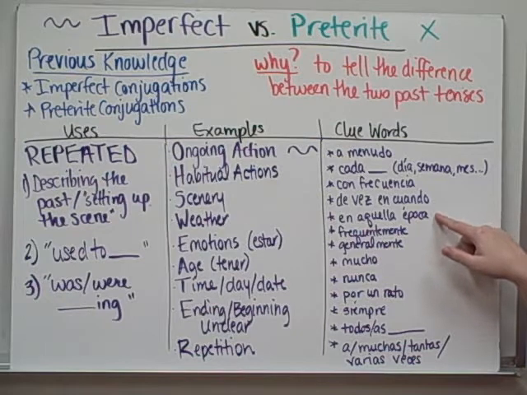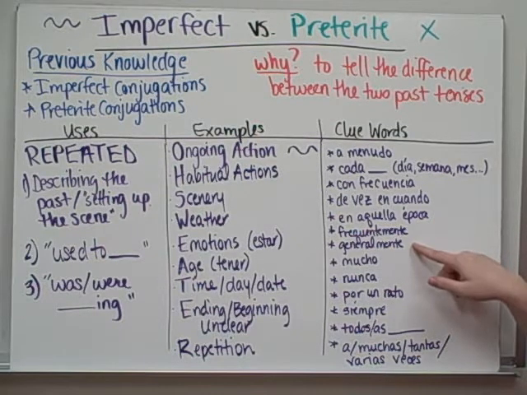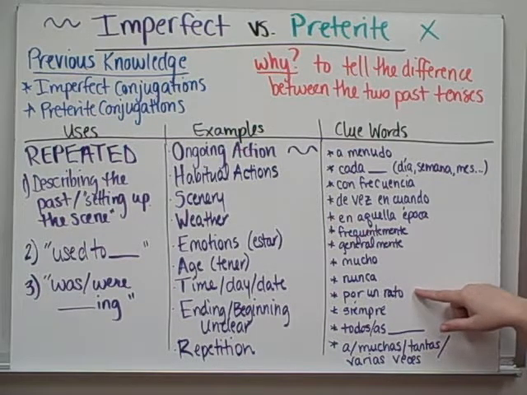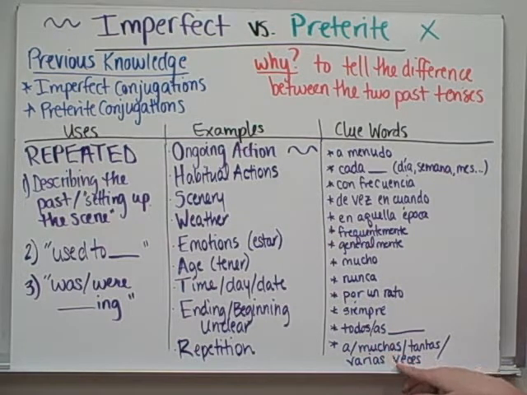En aquella época, in that time or in that era, frecuentemente, generalmente, mucho, nunca, por un rato, for a time, siempre, todos los días, todas las noches, todos los veranos, or a veces, muchas veces, tantas veces, varias veces, at times, many times, several times, various times.